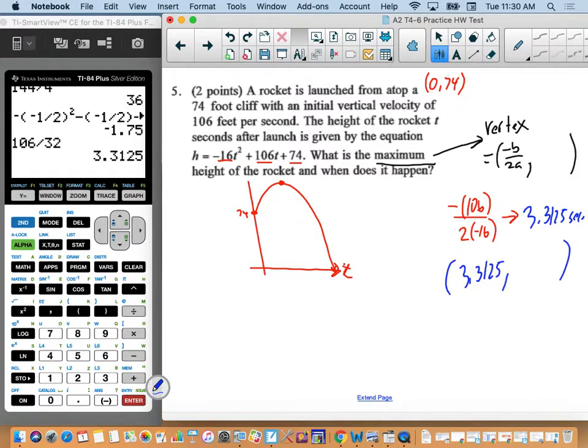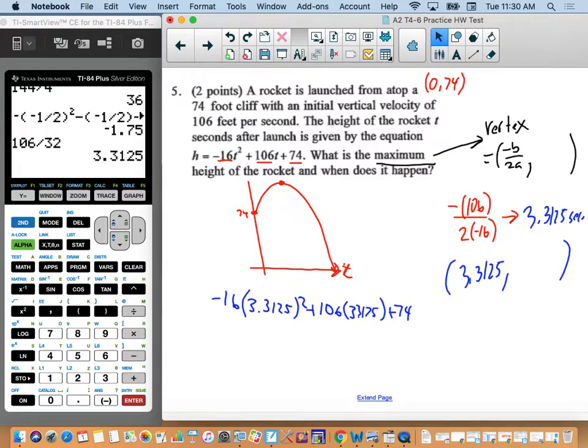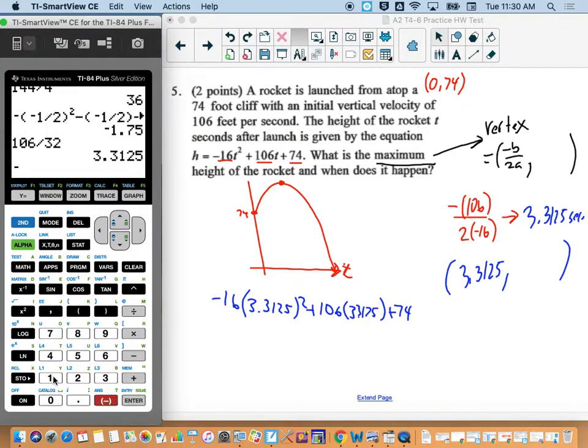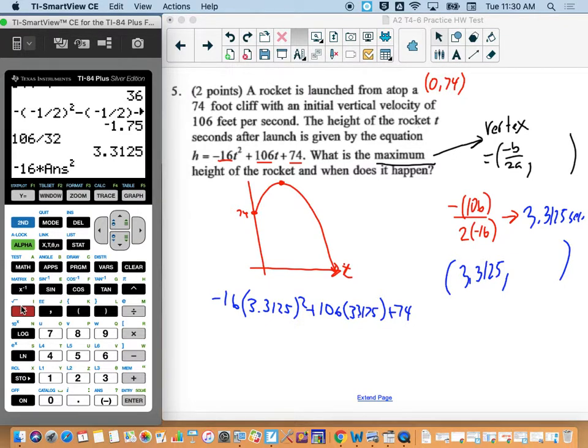The y-coordinate then is the maximum height. So what I need to do is plug that into my equation. One way I can do that is just take negative 16 times that last answer squared plus 106 times that last answer plus 74.